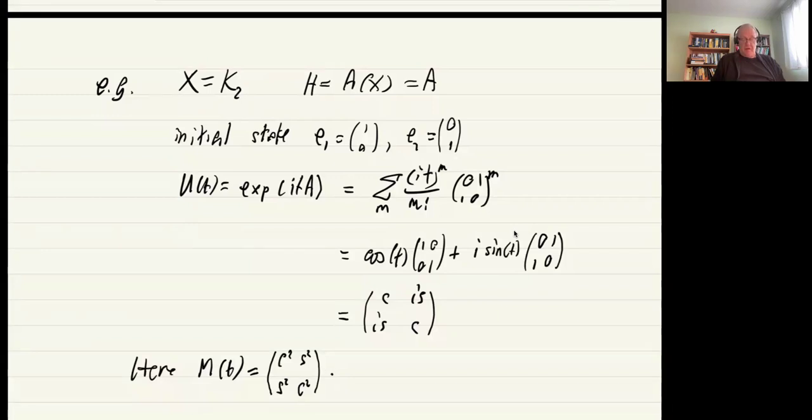Now the thing to remember is that if U of t has some number with absolute value 1 in a position, then since each row is a unit vector and each column is a unit vector, the remaining entries in that column and in that row are all 0. So having an entry in U of t with absolute value 1 is forcing a lot of zeros, and correspondingly, it forces zeros in the mixing matrix.